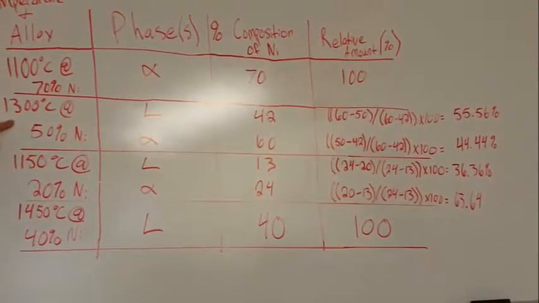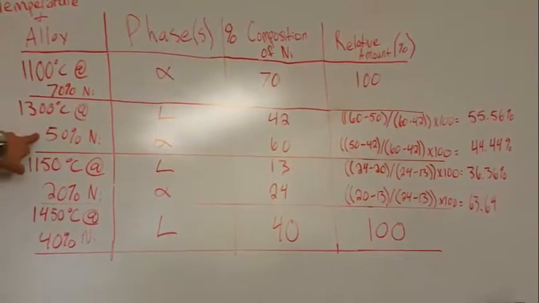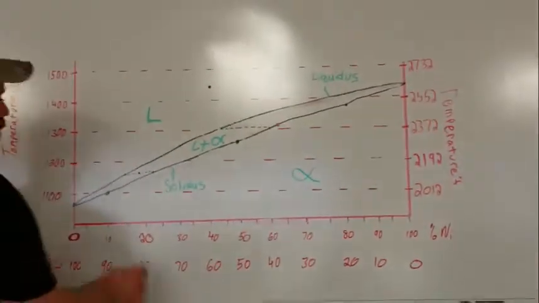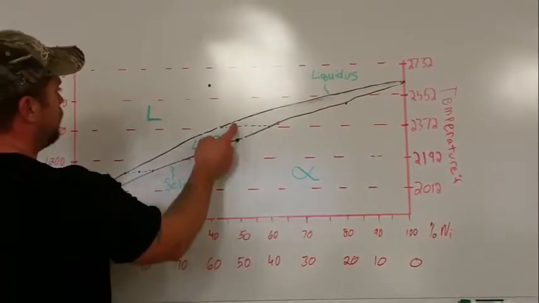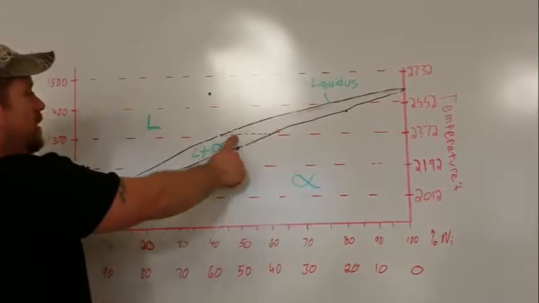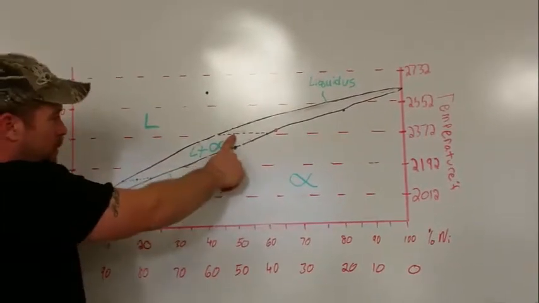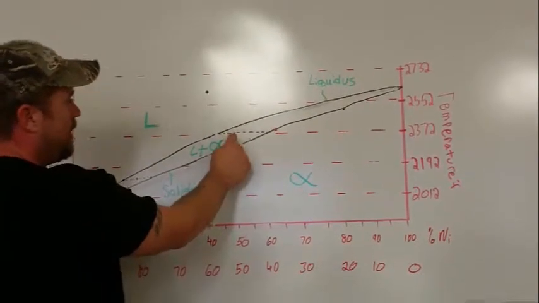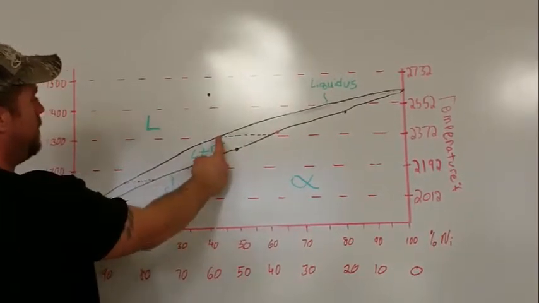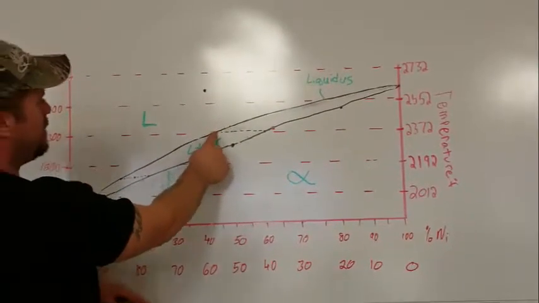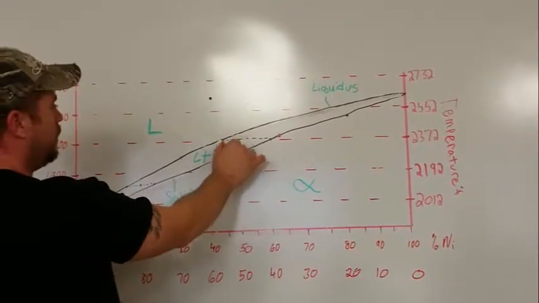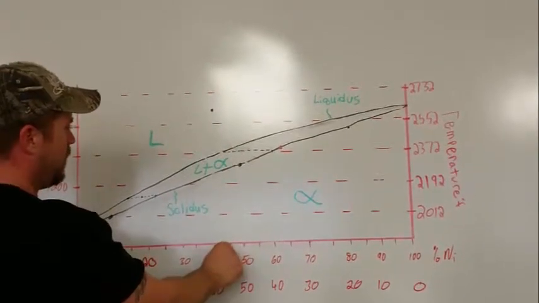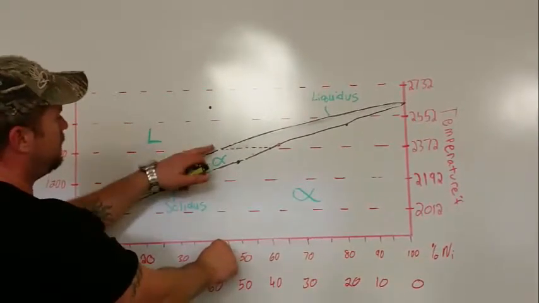Let's look at 1300 degrees Celsius, 50% nickel. Things will get a little bit deeper. So we find 50% nickel, and we come up to 1300 degrees Celsius. Now, we landed right in the region of liquid and alpha. So we have to draw a tie line. You put one dot right here on the liquidus line, put another dot over here on the solidus line, and you go down from each dot to see what percent composition you have of that phase.